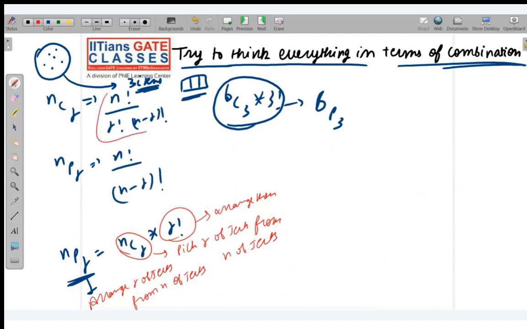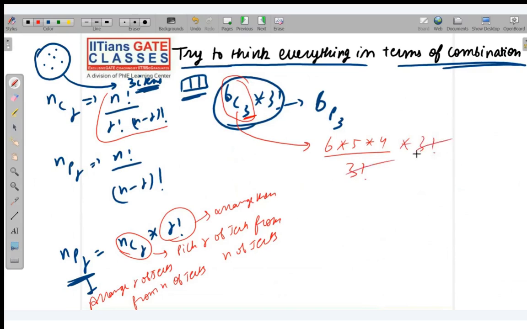But in the shortcut manner, if I want to expand 6C3, you keep on subtracting 1 from 6, and you write 3 terms: 6 into 5 into 4. Because of this 3, you will divide it by 3 factorial. That is the basic way to expand 6C3. And multiplied by 3 factorial, obviously.